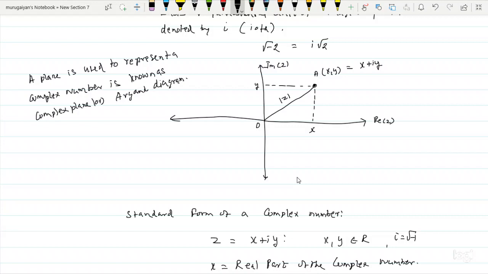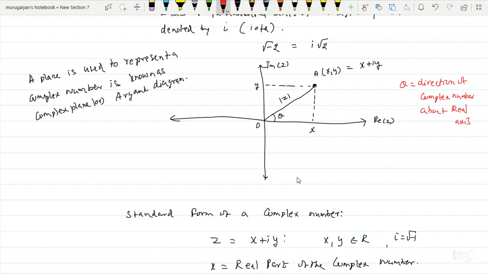So the opposite side, this is theta, the direction of the complex number about the real axis. What is theta? Here theta is the direction of the complex number about the real axis.